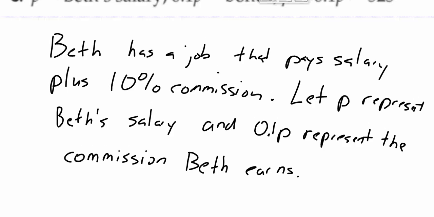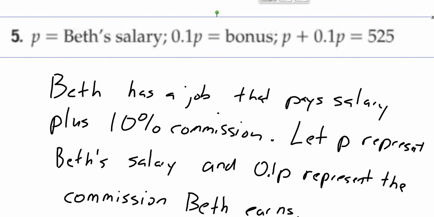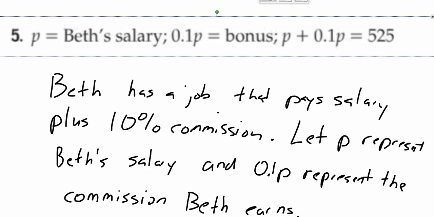And now we can actually say, how much is Beth's salary if her total paycheck is $525?